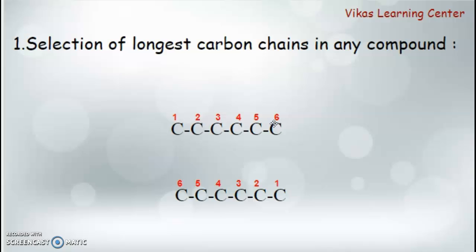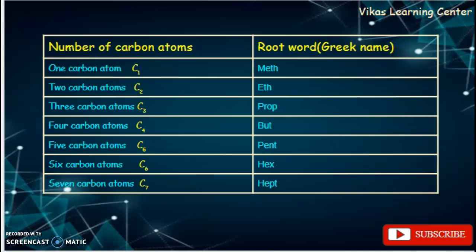Here another question arises: why is the selection of the longest carbon chain in any organic compound important? This is because the number of carbon atoms in the longest carbon chain will provide you the name of an organic compound. That is why the selection of the longest carbon chain is mandatory.